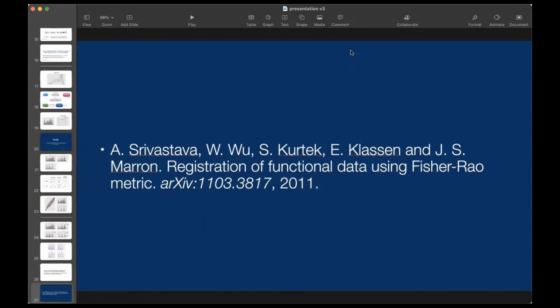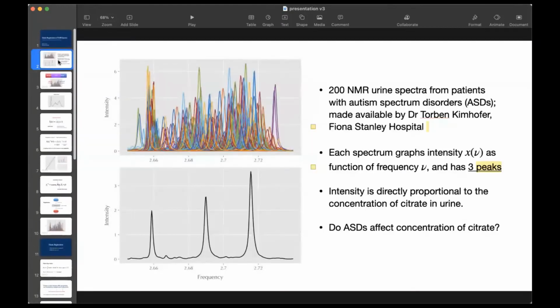Fair enough. I had one question which is possibly related. For the size of the data and the computation time, is this representative of a real world sample size, or the real world amount of data that you might do this computation on? So this was quite a large data set. In fact, this is a subset of a much bigger set. This was 200 spectra measured at roughly 500 points of frequency.